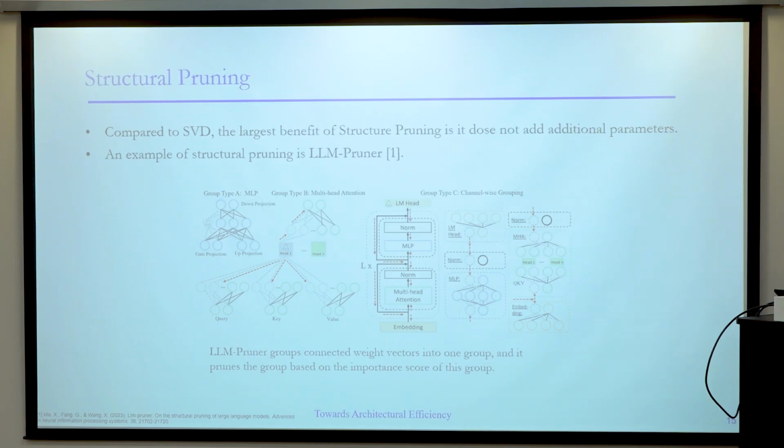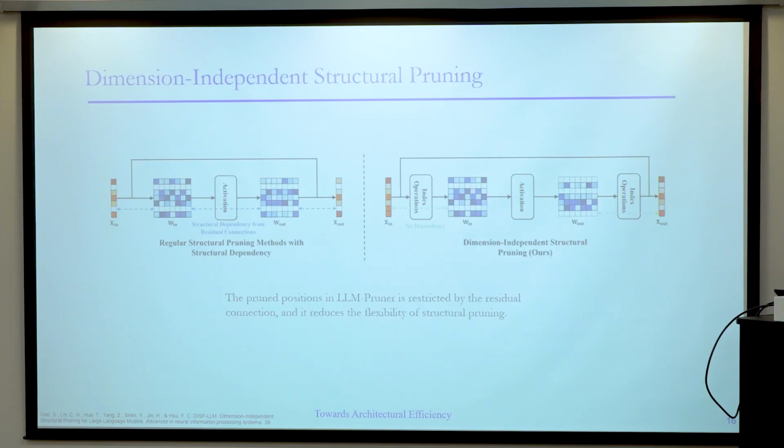In short, LLM-Pruner groups connected weight vectors into one group, and it prunes the group based on the importance score of this group. However, there's a problem with existing structure pruning methods like LLM-Pruner.